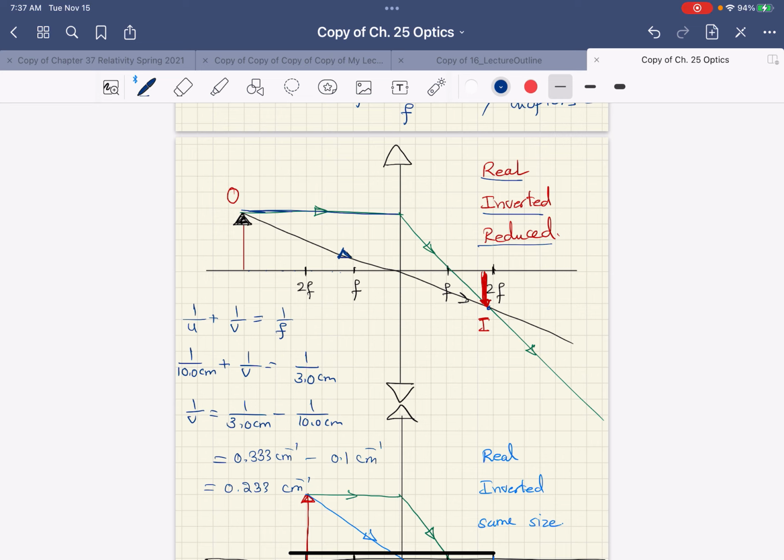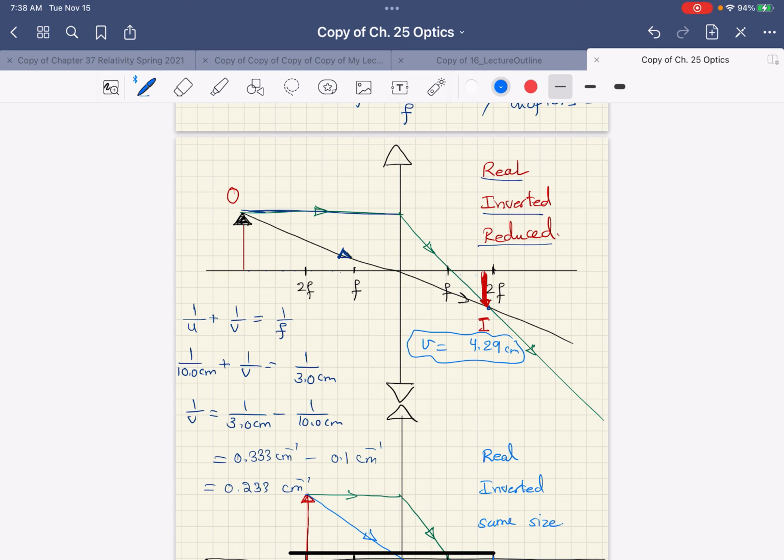You take 1 over this value, and V here is 4.29 centimeters. And if we look here, 1, 2, 3, 4, almost like 5. Of course, my straight lines are not very straight.